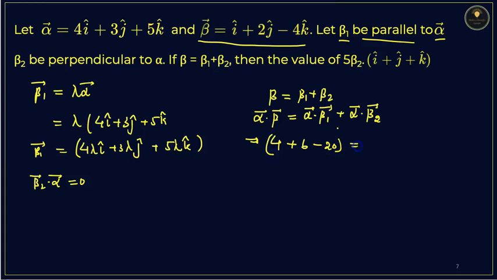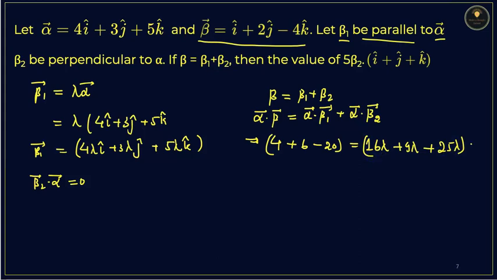And here alpha dot beta 1 can be written as 4 into 4 lambda, that is 16 lambda, and 3 into 3 lambda, that is 9 lambda, 5 into 5 lambda, that is 25 lambda.